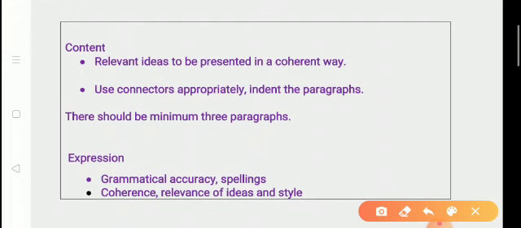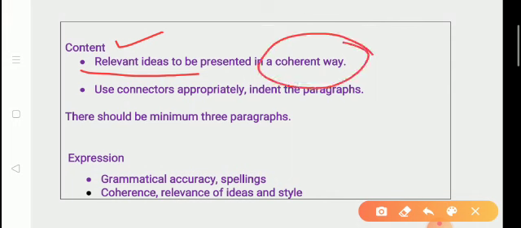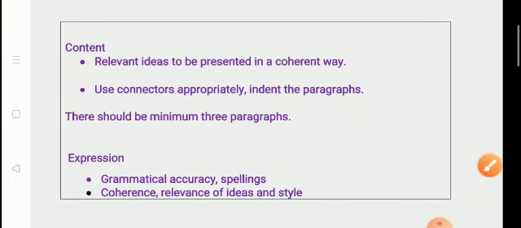Now coming to the content part, the ideas should be relevant, suitable to the occasion, and presented in a very coherent and proper way. They should not be haphazard; they should have some connection. Use connectors appropriately.